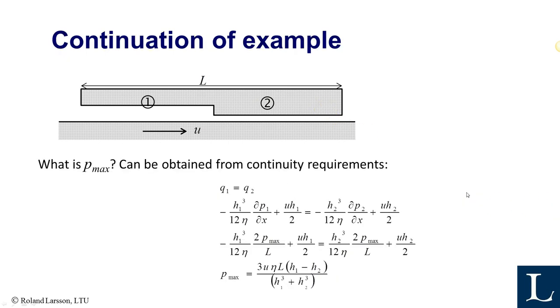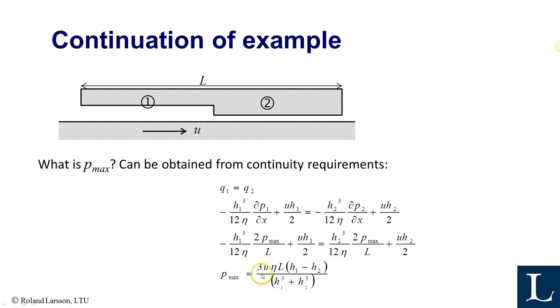And what about P max then? P max can be obtained from the continuity requirements, because again the flow in this part must be the same as the flow in this part. Making use of the relationship for volumetric flow, the flow for the first part must be the same as the volumetric flow in the second part. By rearranging this, you can find the solution for P max.